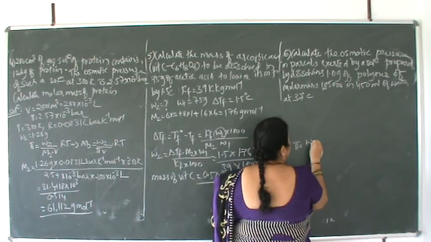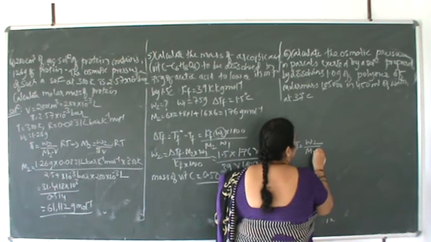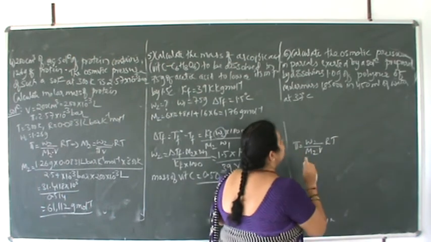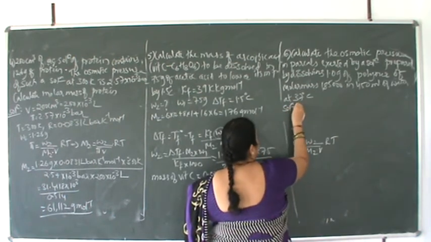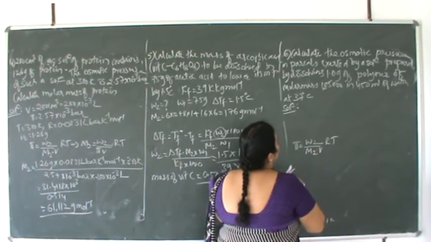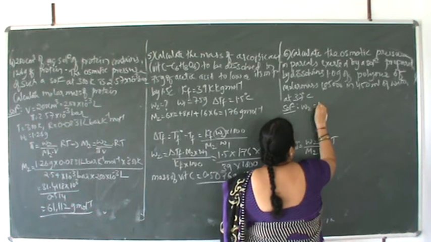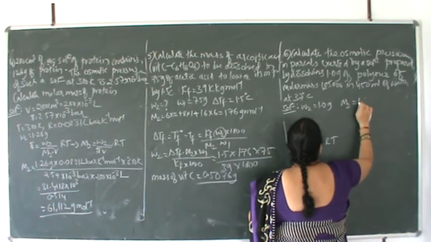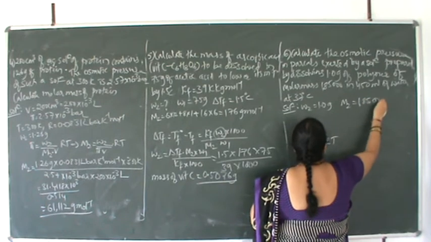Pi is equal to W2 divided by M2 into V into RT. So write down the given things. Whatever given things are there, just write them down. Here W2 will be 1.0 grams. M2 is 1,85,000.